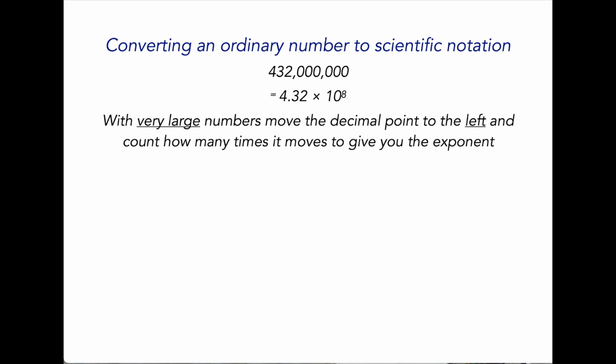432 million, then you move the decimal point to the left until the base is between 1 and 10, 4.32 in this case, and count the number of times it has moved to give you the positive exponent, in this case 8. So the answer is 4.32 times 10 to the power of 8.